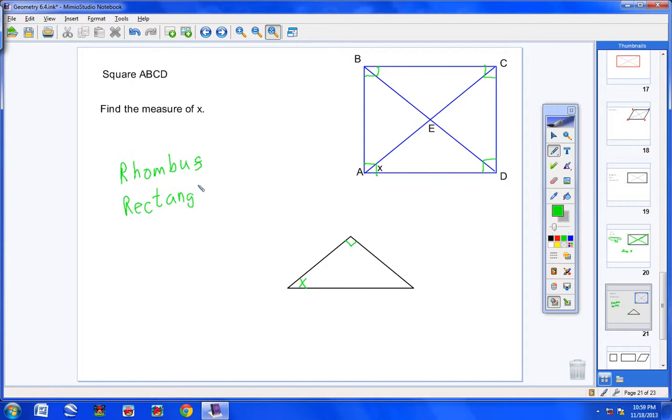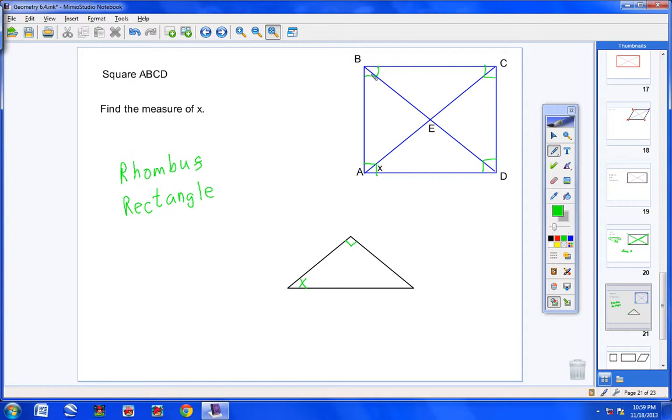This problem really covers a lot. So Mr. Earhart, you're telling me when I have a square, it's a square and it's also a rhombus and it's also a rectangle? Yes. Every square is also a rectangle. Every square is also a rhombus. Because I have four congruent sides, that makes it a rhombus, and I have four right angles, that's the definition of a square, thus it's a rectangle.